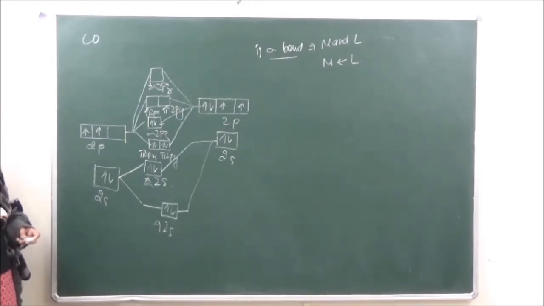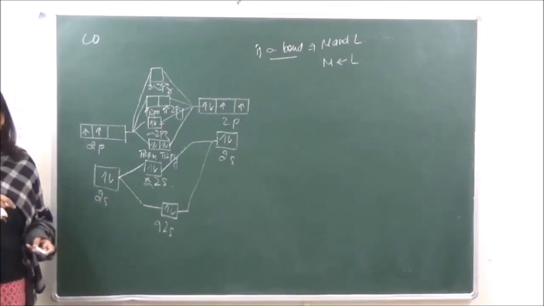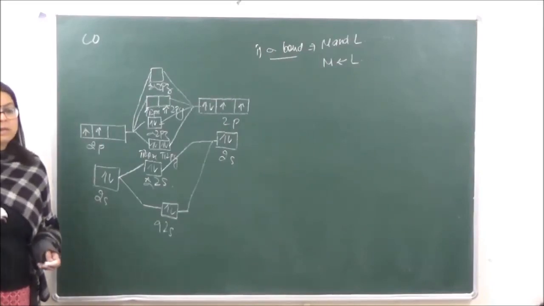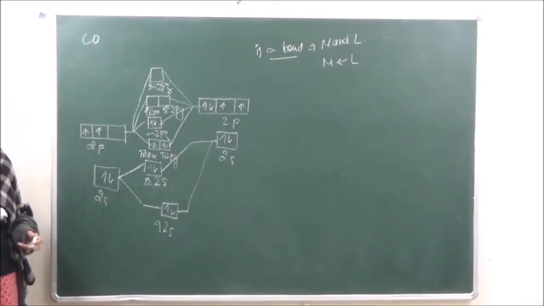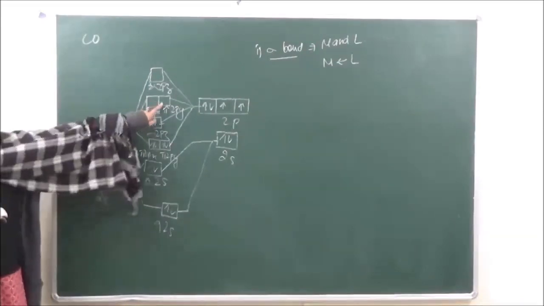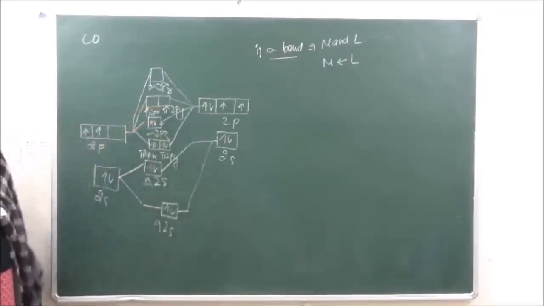Then number 2, there is a pi overlapping, a donation of electrons from filled metal d orbitals into vacant anti-bonding pi orbitals. So these are the vacant anti-bonding pi orbitals which are present over here.